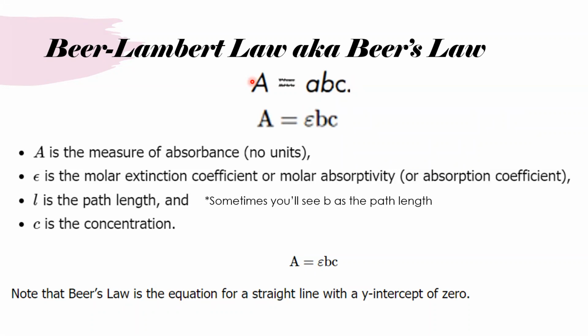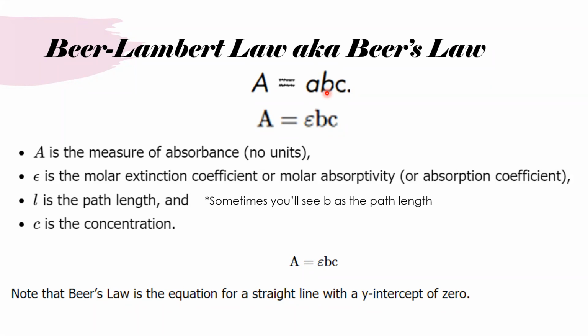As a result, the molar extinction coefficient has the units of liters times moles raised to the -1 power times centimeters raised to the -1 power. And the path length is always measured in centimeters. So the path length would be B. That's because a standard spectrophotometer uses a cuvette that is 1 centimeter in width, so it's always going to be equal to 1 centimeter.